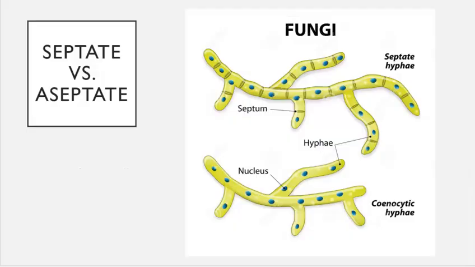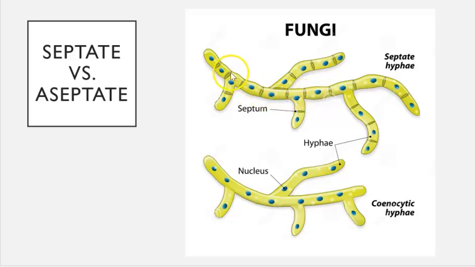So here is examples of hyphae of fungi, and we're talking about the hyphae of mold, and this is comparing septate versus aseptate. The septate is going to have separations and make the hyphae look like it's divided up into little compartments or different sections.